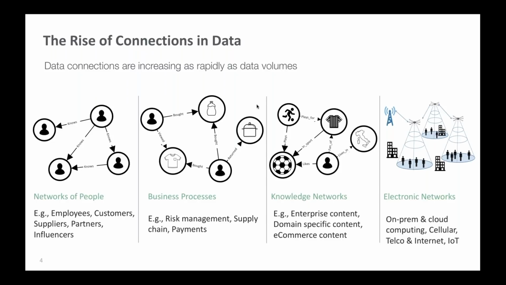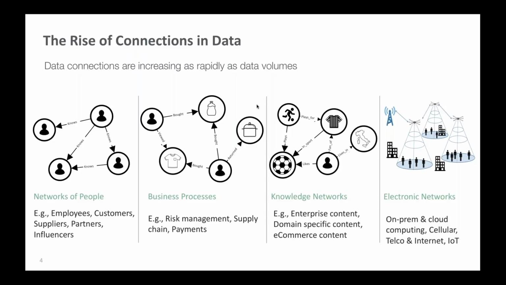So I'll just give you a moment to look at the networks of people, business processes. So we see a lot of people who are using it for example, for data lineage type of applications, but also for fraud detection and things like that. And we'll talk about those in a bit more detail.